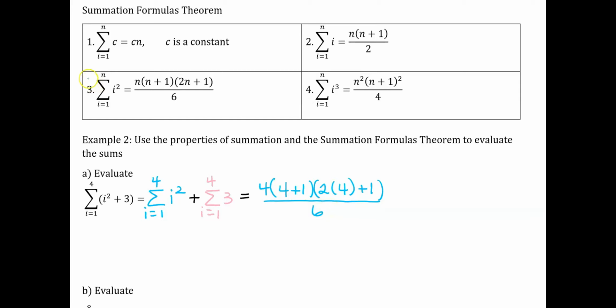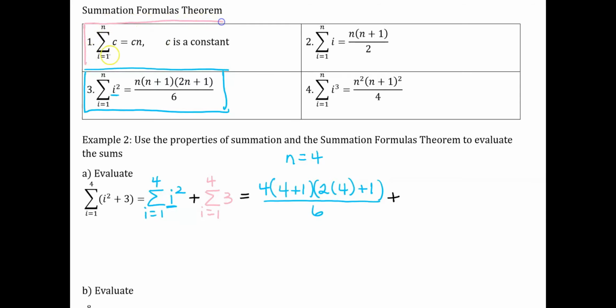What I just wrote here is coming from the third summation formula, since we are adding i squared on the inside of our sum, and our n is equal to 4. Then we will look at the second sum, where we have the sum from i equals 1 to 4 of 3. That looks like the first summation formula, because we just have a constant on the inside of our sigma.